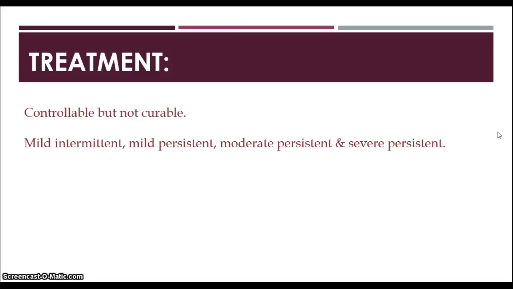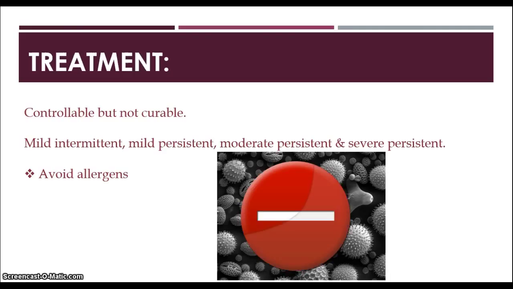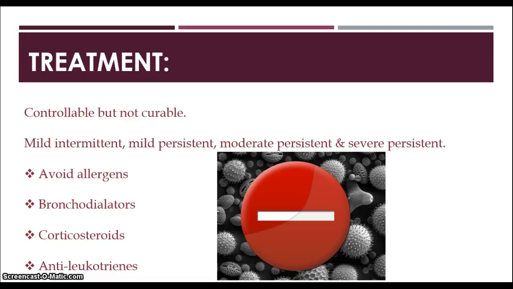But generally speaking, the first thing is from the patient. If he is able to avoid the allergen, it would be much better. And for the chemical medications, they are generally bronchodilators, which dilate the obstructed bronchi, corticosteroids, anti-inflammatory treatments in general, and anti-leukotrienes.